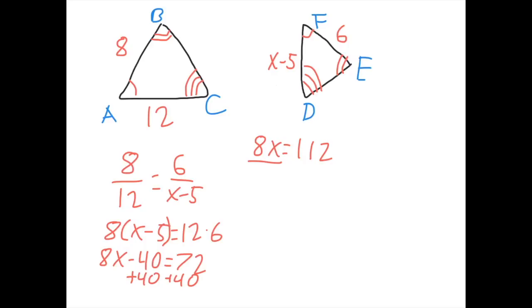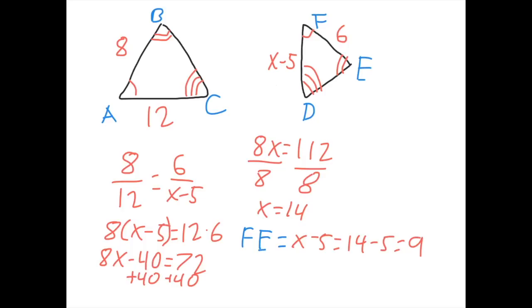Divide both sides by 8. And that will give you x equals 14. So that's one of the first things you wanted to find. x equals 14. Now you want to find out what is side FE. Well, that's going to be x minus 5, or 14 minus 5, which is 9.